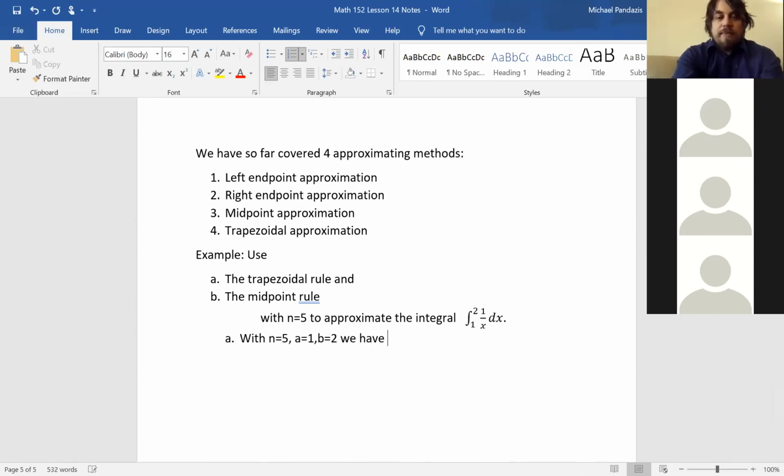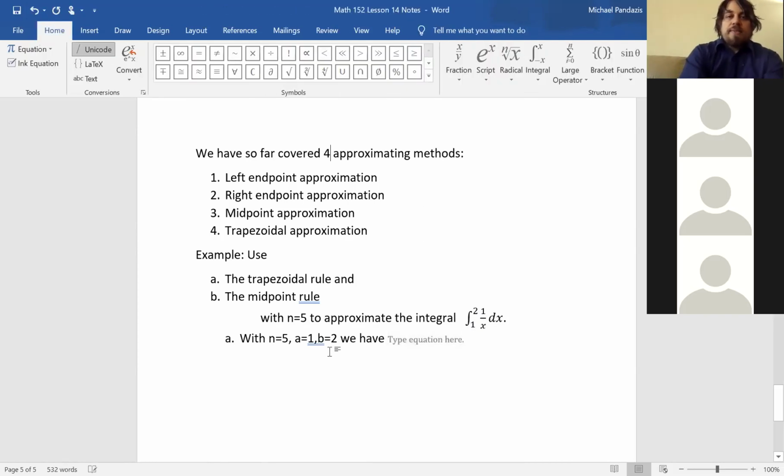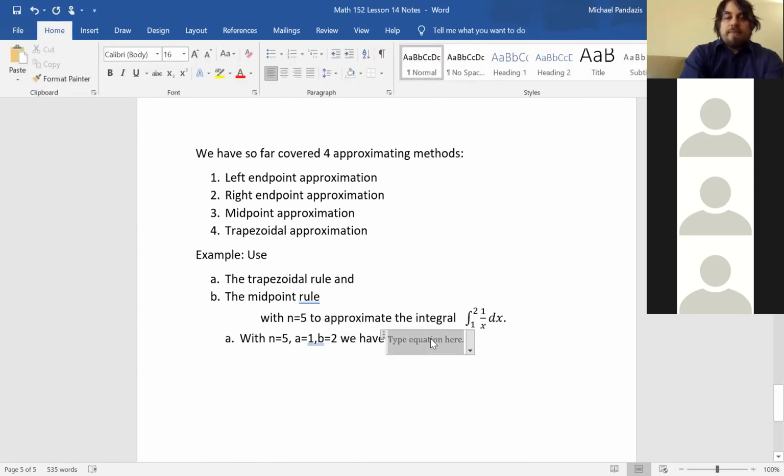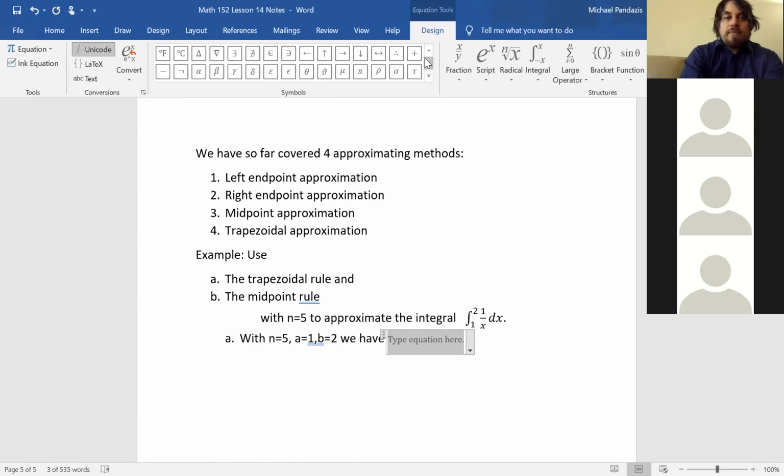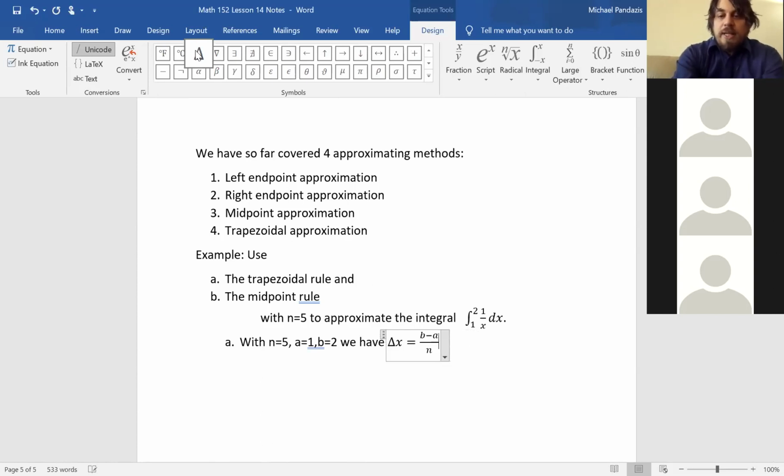We have that delta x, which is equal to (b minus a) over n, is 2 minus 1 over 5, so this is 1/5.